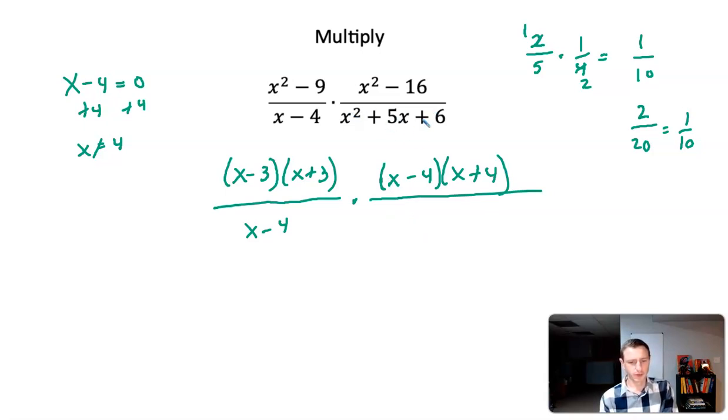So I have to factor using a different method. I have to think of two numbers that multiply to 6 and add up to 5. Two numbers that multiply to 6 and add up to 5 are going to be 3 and 2, because 3 times 2 is 6, and 3 plus 2 is 5. Those are my factors. So x plus 3 and x plus 2.